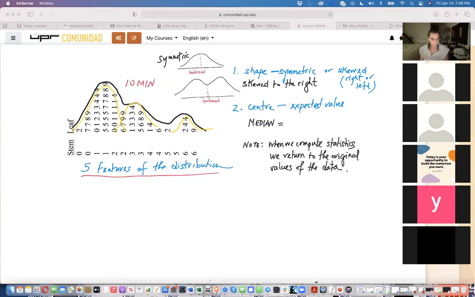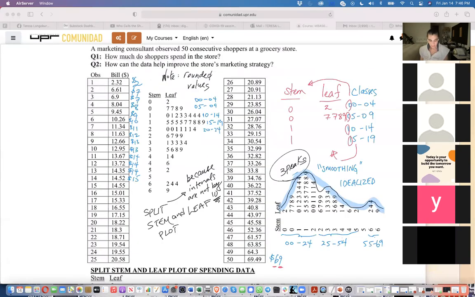All right, we don't use these numbers, remember, because we rounded these numbers. So I'm going to demonstrate using the original values here how we find the median. I've made it easy because what have I done here? I show half the values here and half the values here. So looking at this, what is the median? Do you know?